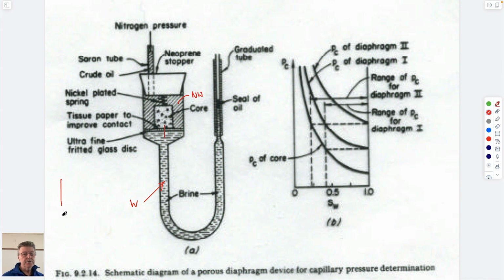And so what we could do is we could do this. And this is pressure in the non-wetting fluid. And this is saturation.